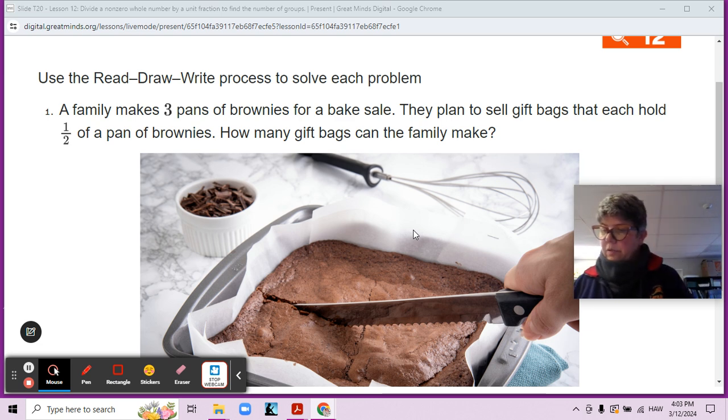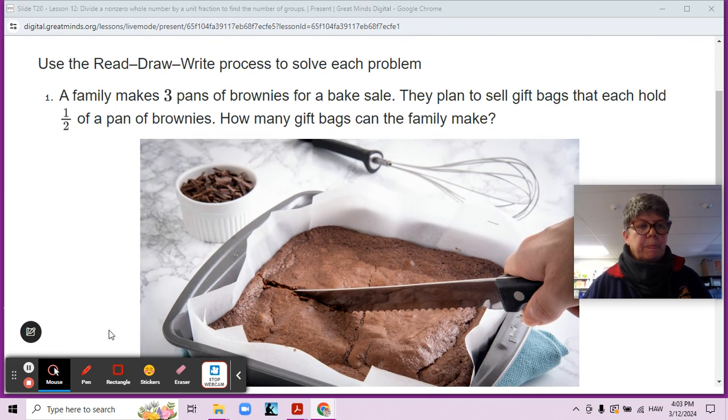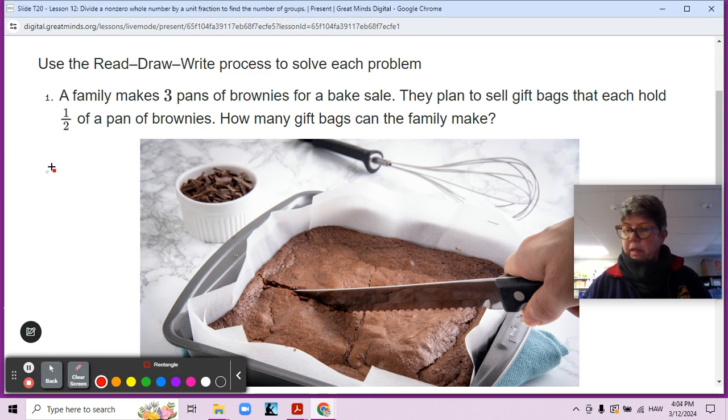All right, so we are going to start thinking about what we can draw to go with this. So what if we just draw a tape diagram to represent the 3 pans of brownies? We don't have to use the number line to show the total that the tape diagram represents.